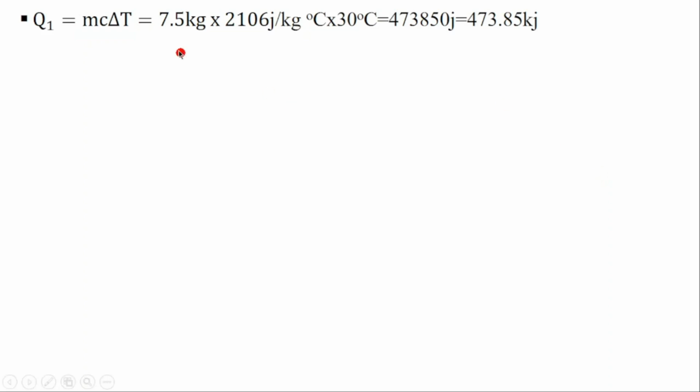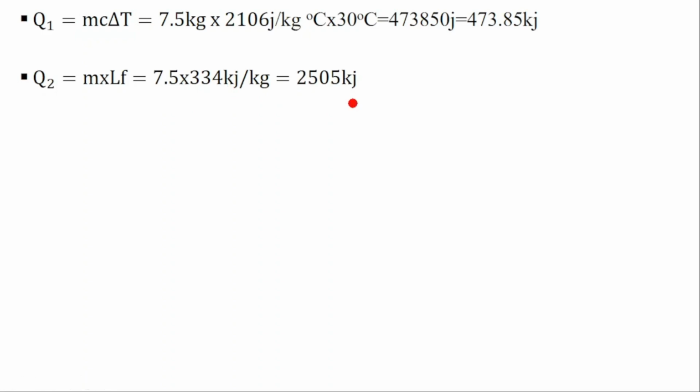So the mass was given, 7.5 kilogram, times the specific heat capacity of the ice times the change in temperature, we will obtain 473.85 kilojoule. Then the second step, we will take mass times the latent heat of fusion. Then we get 2,505 kilojoule.